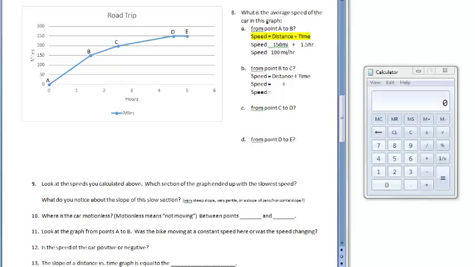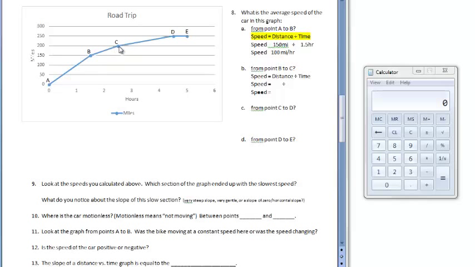Problem 8b asks about the average speed from point B to point C. We're using the same equation we've been using throughout this entire worksheet. Speed equals distance divided by time. So you need to find the distance first. Point B started at 150 miles.